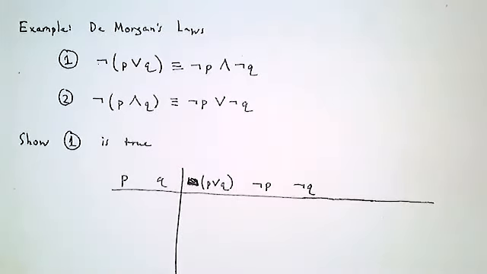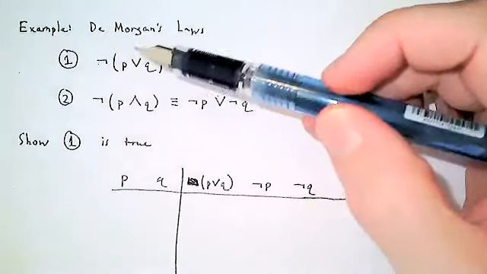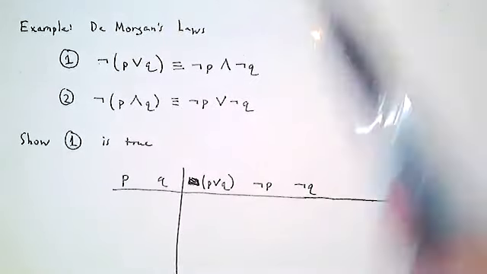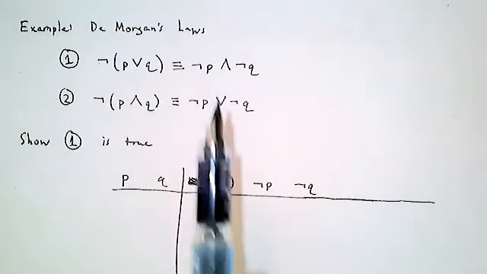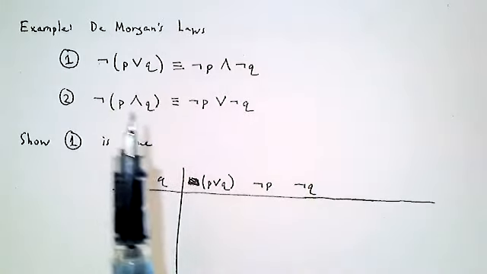So our example here is known as De Morgan's laws. And these are the two laws.